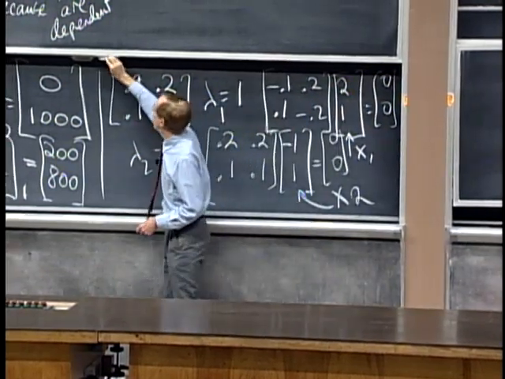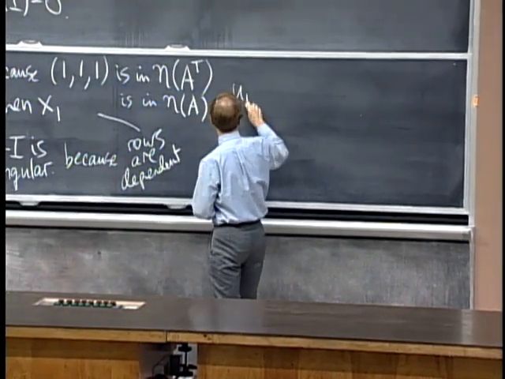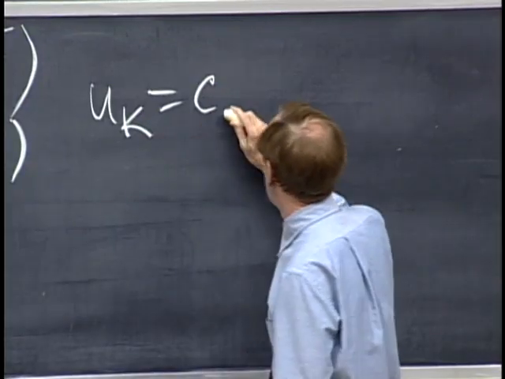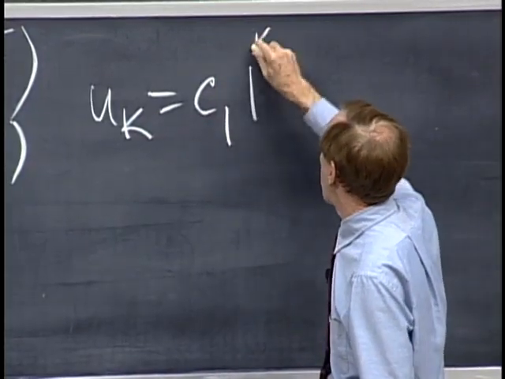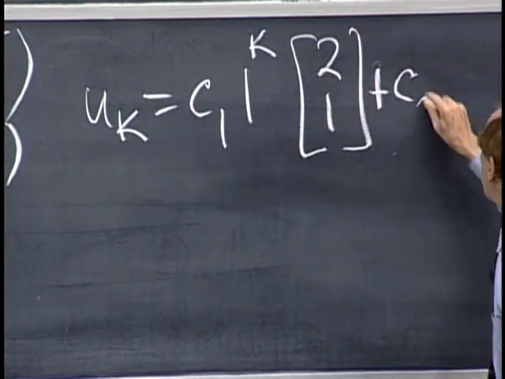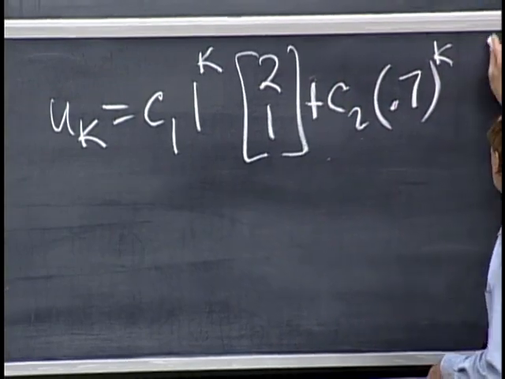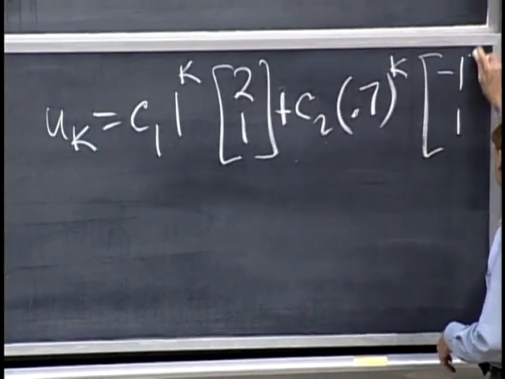So I'll just write it above here. u after k steps is some multiple of 1 to the k times the 2, 1 eigenvector, plus some multiple of 0.7 to the k times the minus 1, 1 eigenvector.